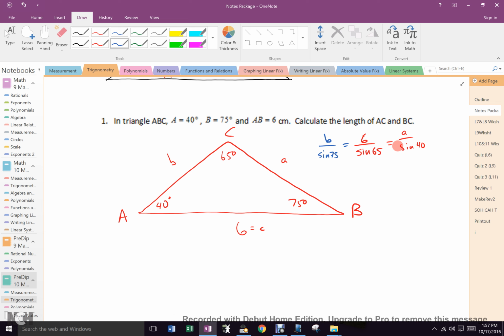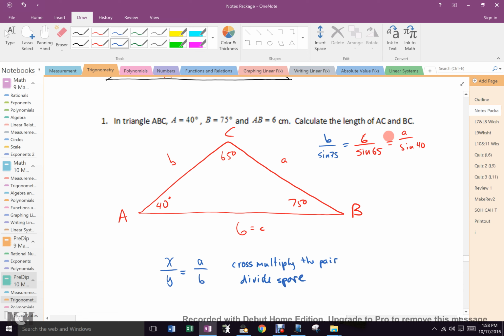Every time, everywhere in math, you have fraction equals fraction, and you have one unknown, you always cross multiply the pair and divide the spare.